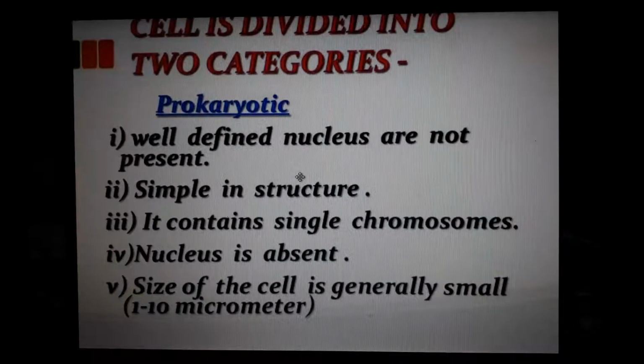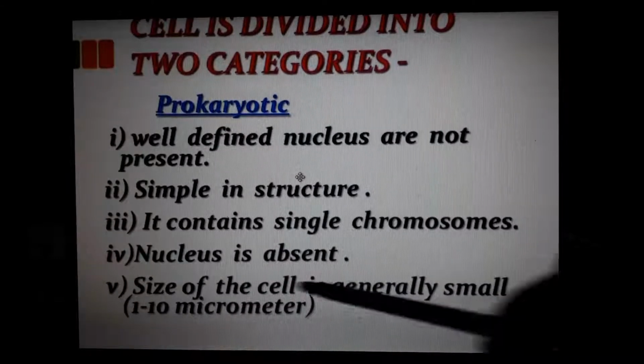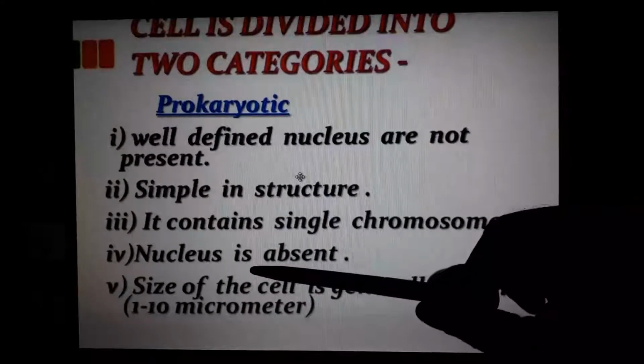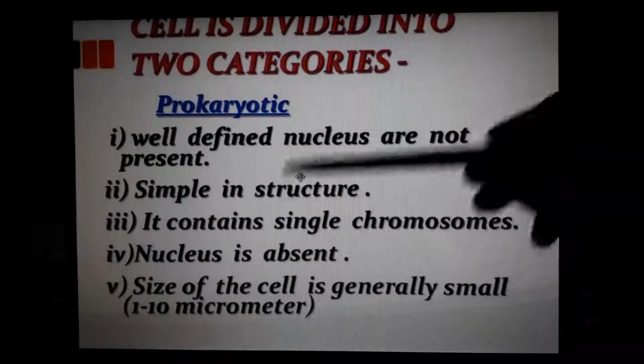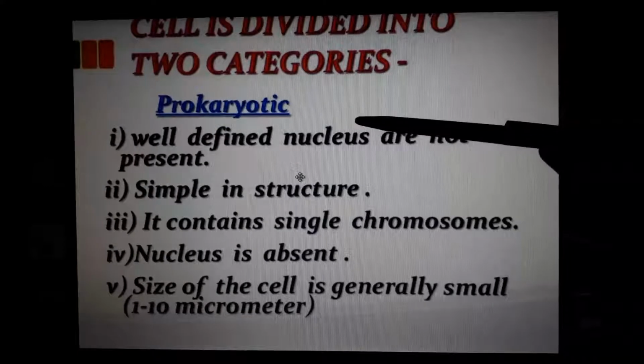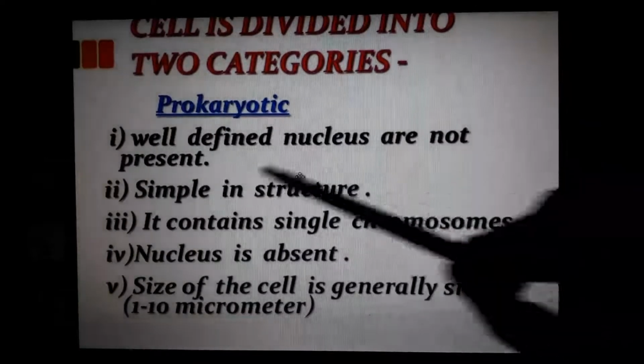Chromosomes means what? Chromosomes are very important in the human body, which gives us all the specialities we have. It comes from these chromosomes. We will study that in detail afterwards. Nucleus is absent. Understand? Because one single nucleus is not there. There is a mixture of a lot of small particles, which looks like a nucleus, not a well-defined nucleus.